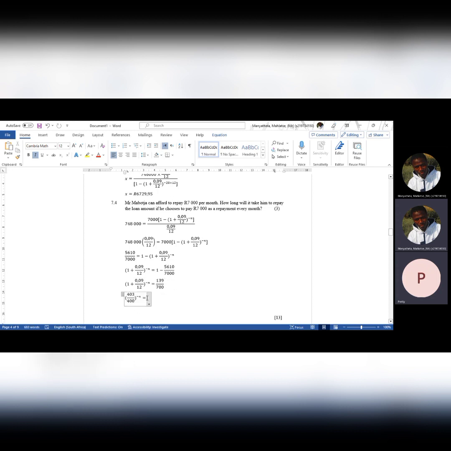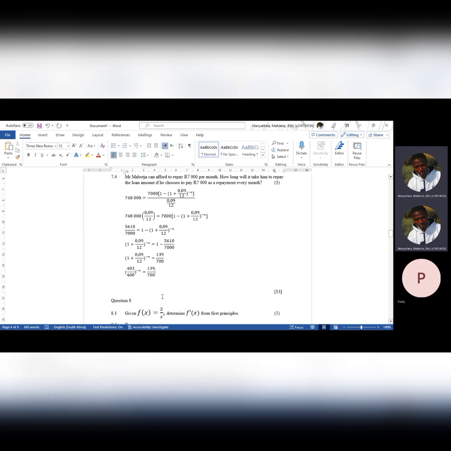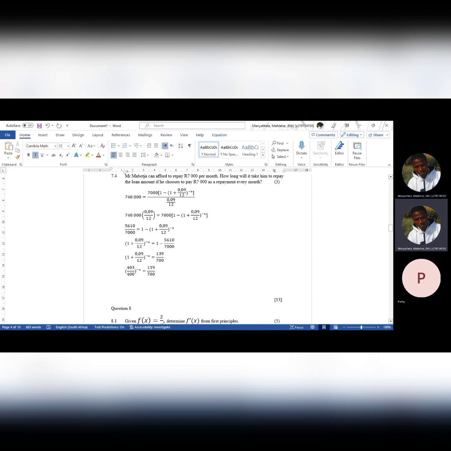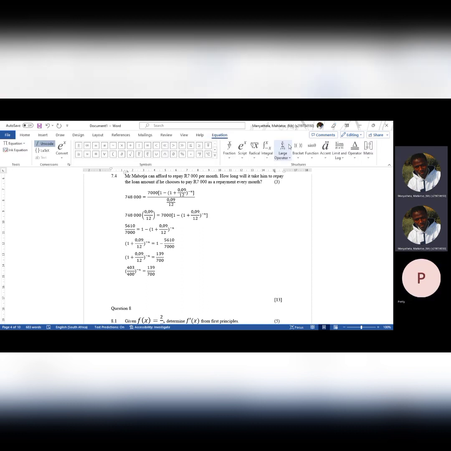So here's the next step. We're going to use the law of logs. To make it simple, our exponent is negative n, so we'll say negative n equals log of 139 over 700 to the base 403 over 400.